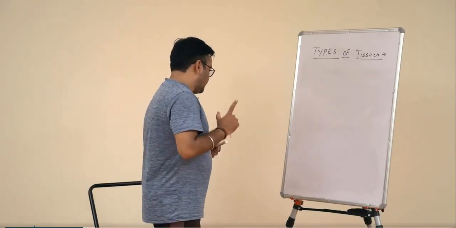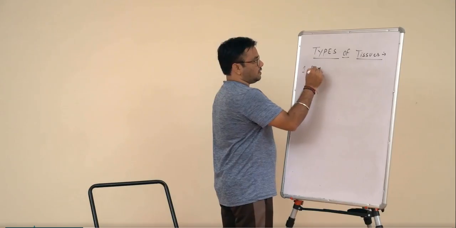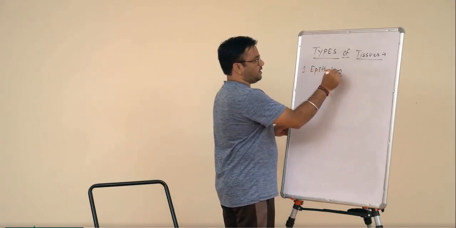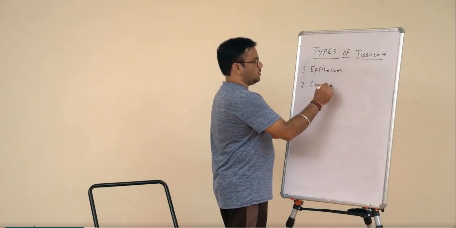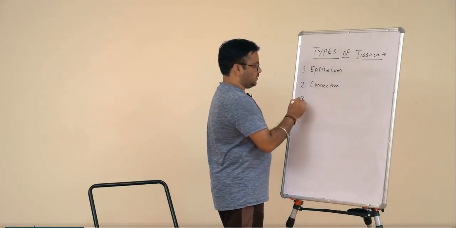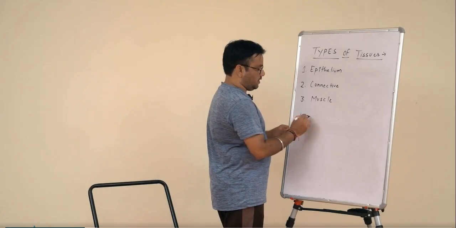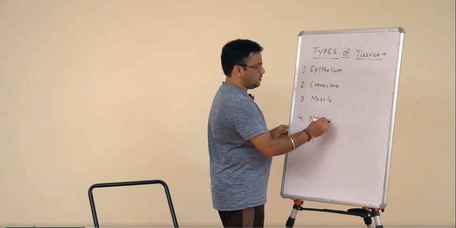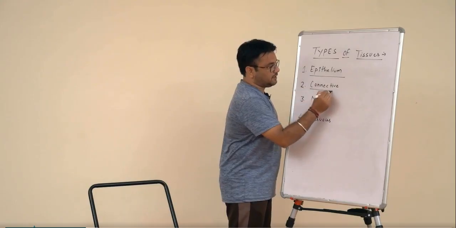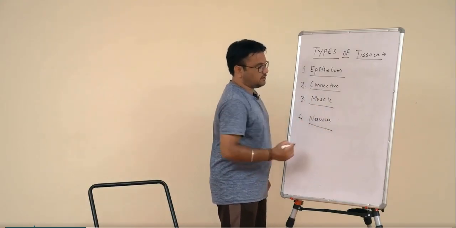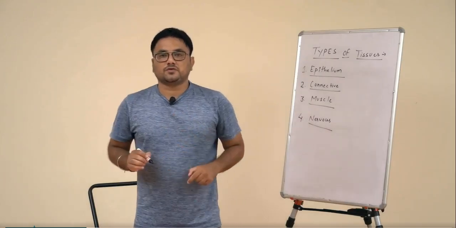The first starts with epithelium. The second one, connective. Third one, muscle tissue. And the fourth one is your nervous tissue. So these are the 4 different types of tissues: epithelium, connective, muscle and nervous tissue. This is the classification of the tissues.